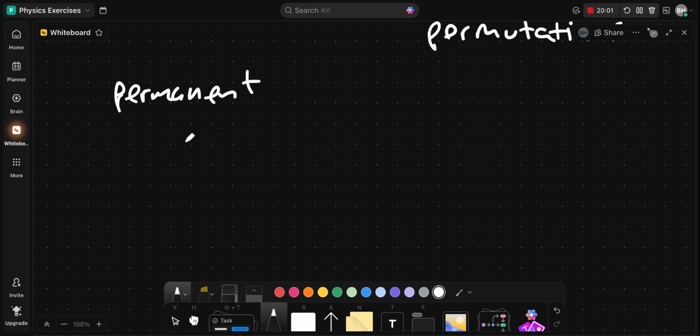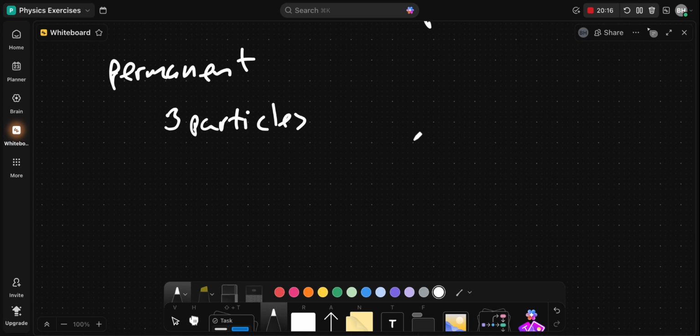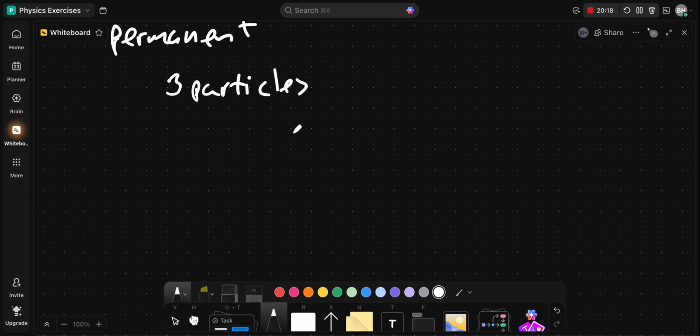Typically you would have a set of particle indices, but I'm going to do this for three particles as an example. My permanent is almost like a determinant. I don't really know what the notation for permanent is, but I'll improvise one.